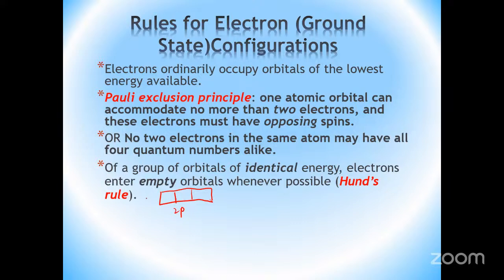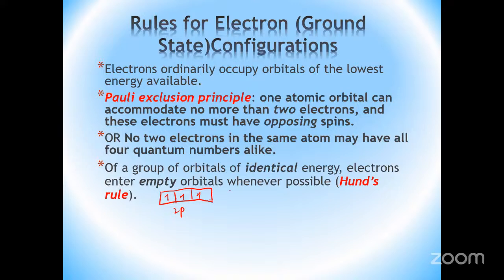And you have electrons to assign to this. Let's say you're assigning 3 electrons to these orbitals. The first electron will go here, the next electron will go into another empty orbital, and then the third electron will go into the third empty orbital. So that will be the most stable arrangement. You try to spread them out among the orbitals of equal energy.